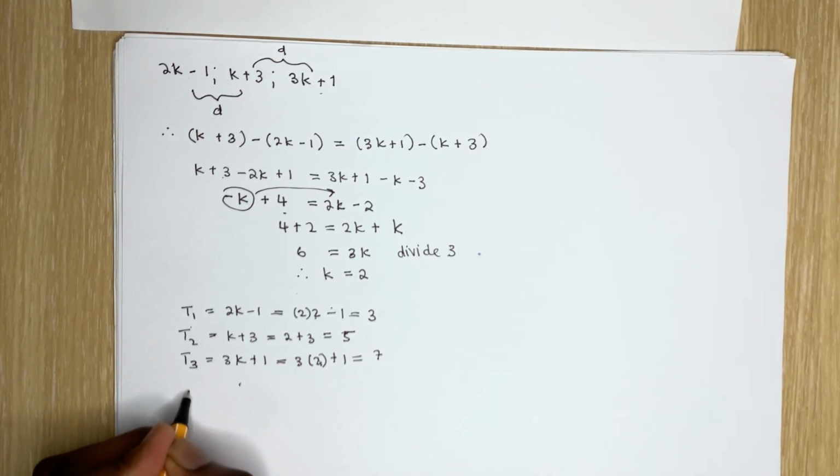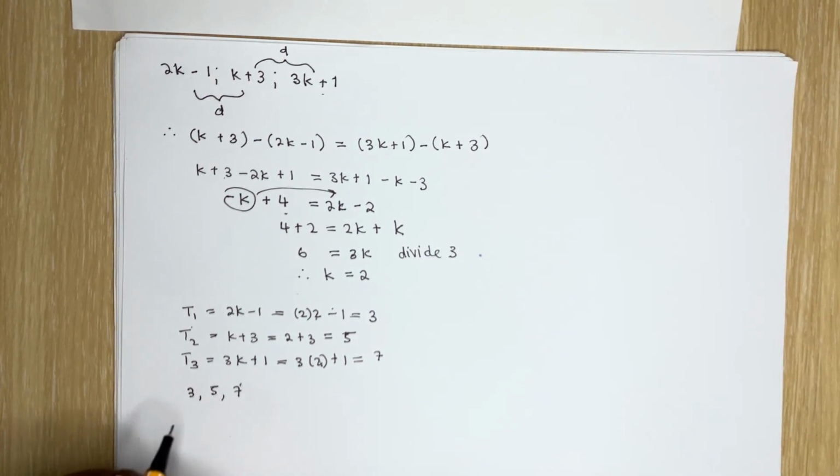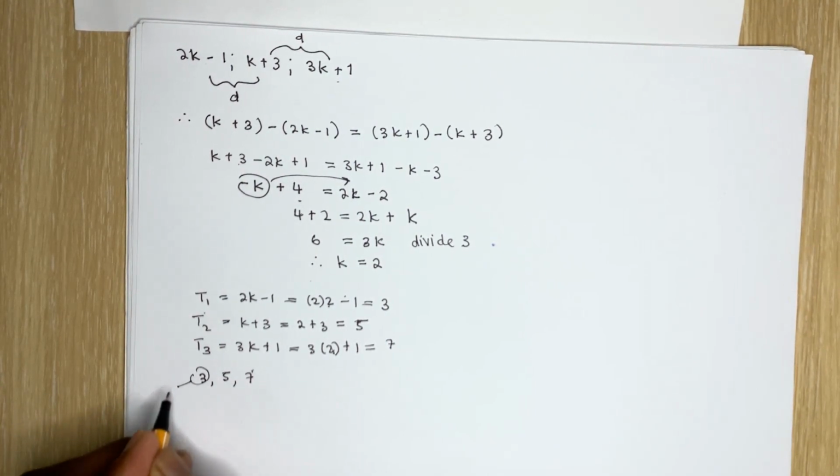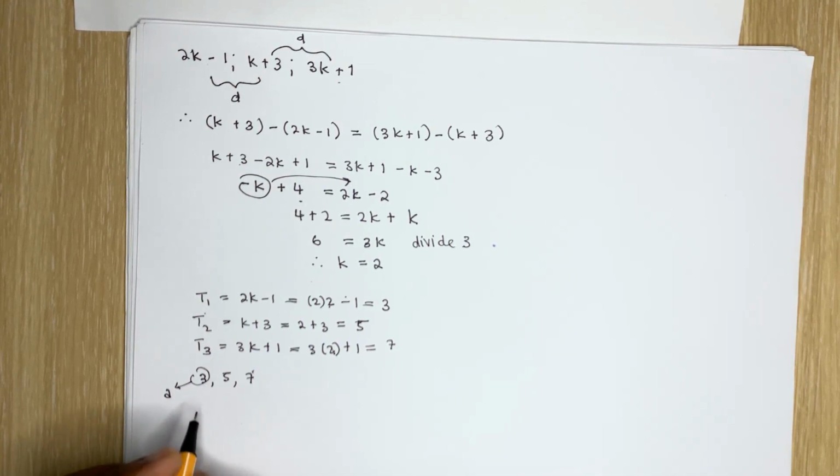Okay, so the sequence is therefore 3, 5, 7. You already know that a is the value of the first term, so that is the value of a. We established that d equals to 2.